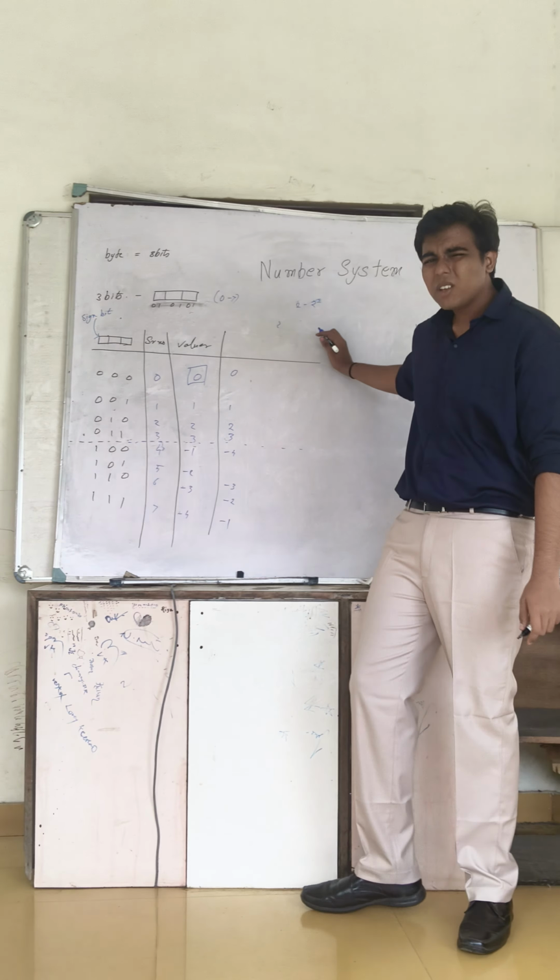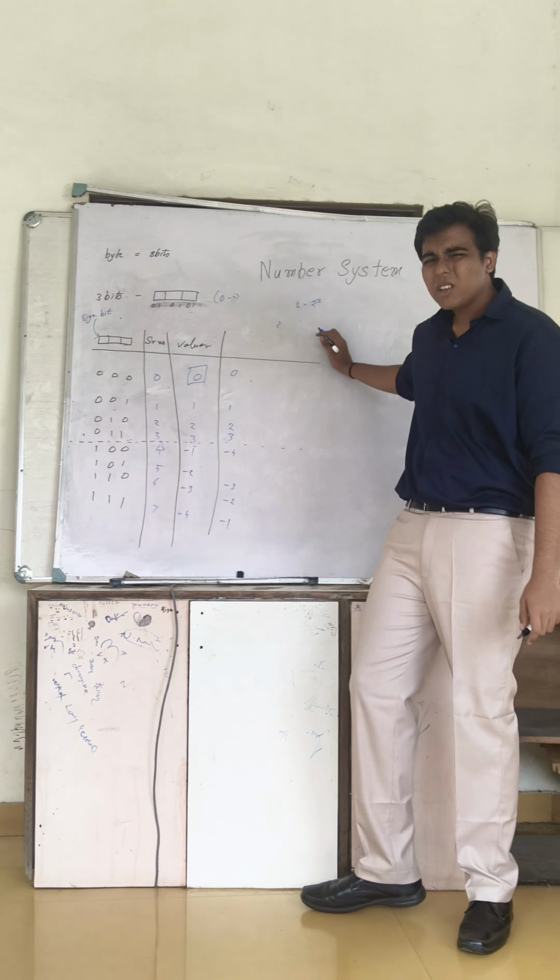And again, for the min value, we came to the conclusion that min value can be represented by 2 to the power n minus 1 into negative 1 for human representation of this negative sign. Right? 2 to the power 8 minus 1 into negative 1.